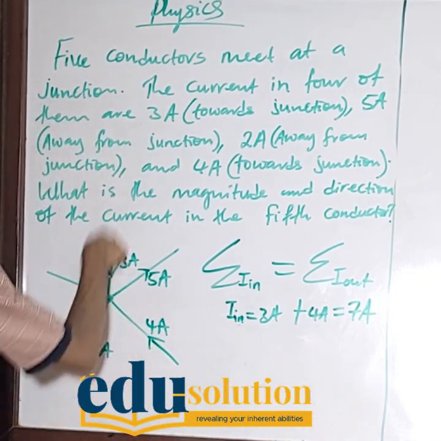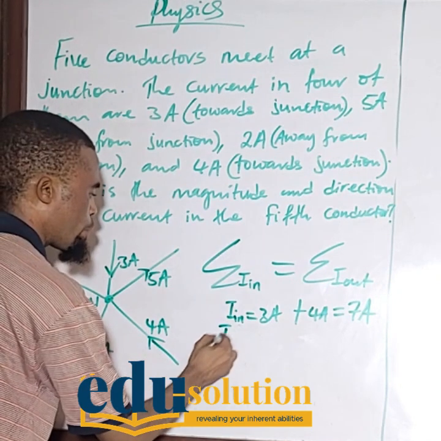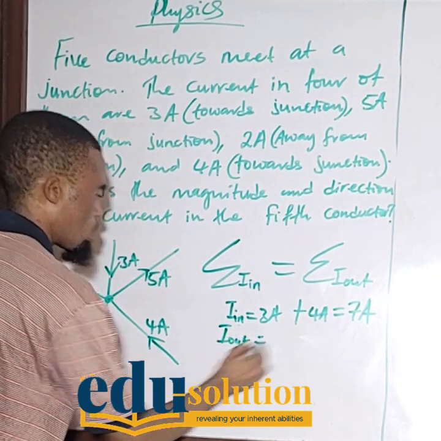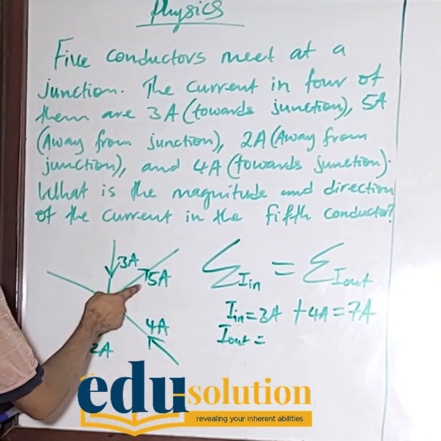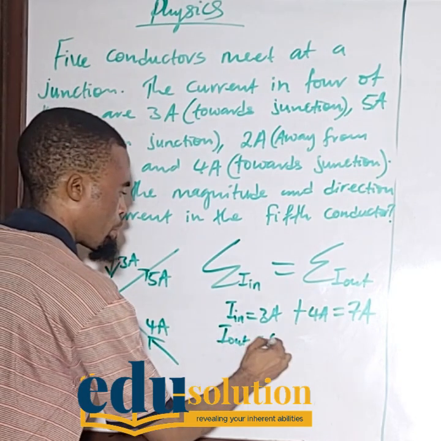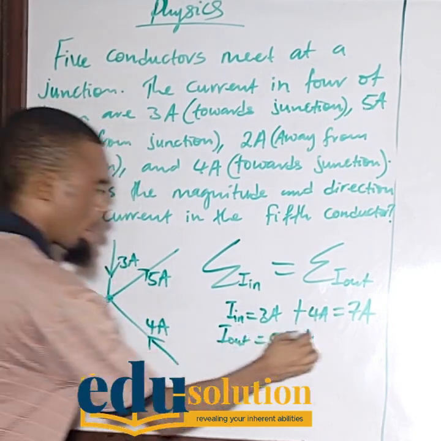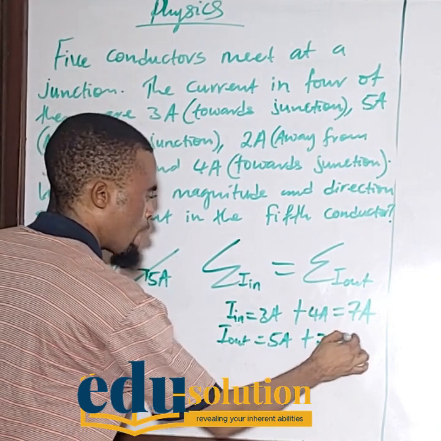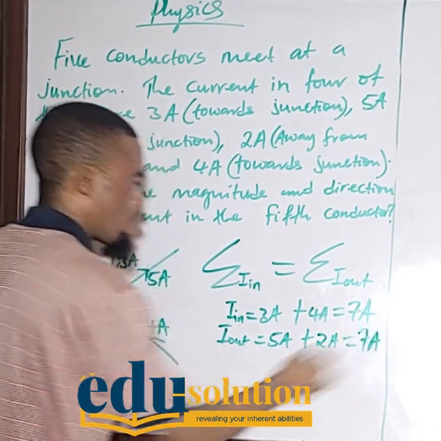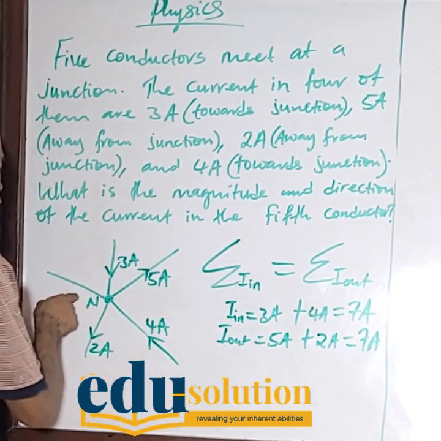So let's find out the ones that are flowing out. The one flowing out is 5 ampere plus this one, also flowing out, which is 2 ampere. If you add them together, it's going to give you 7 ampere. So they ask us to find the fifth one.